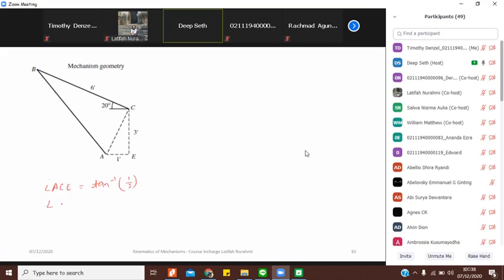And similarly, you can find angle CAE, that is tan inverse 3 by 1, right? So from here you will get some angles. One will be approx 18 degrees, not exactly 18 degrees, it's approx 18 degrees, and you will get the other one. So from here, you find these two angles.